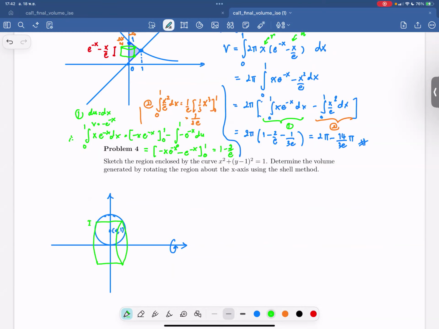The integral is with respect to the variable y, right?